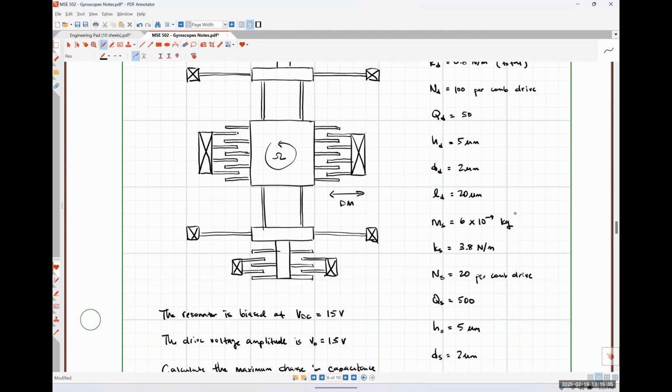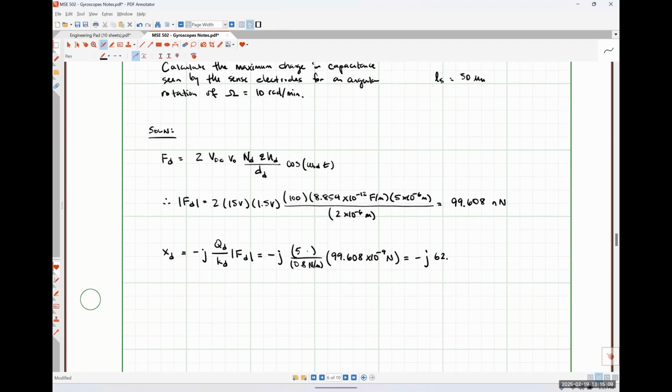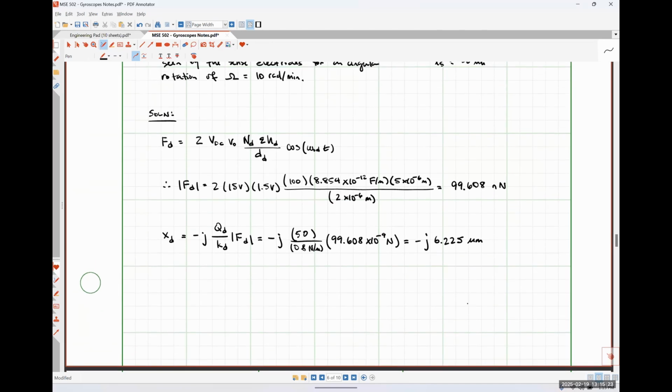So let's make that QD 50. Sorry about that. And then negative 6.225 microns, which is an acceptable amount of vibrational amplitude. So my apologies. Thank you for that catch, North. For right now, I'm just changing QD.